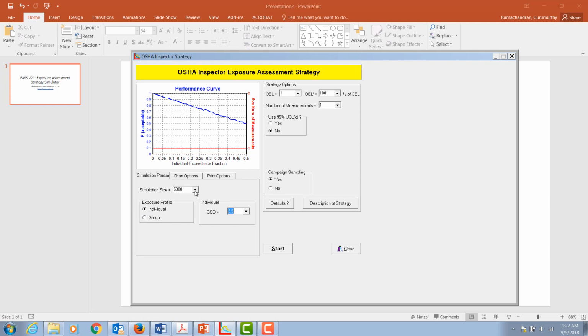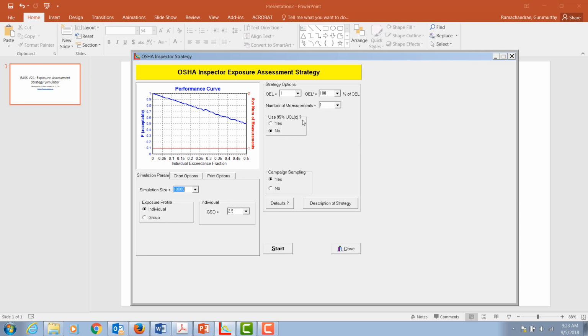And in the number of simulations, there is an option that goes from 5 all the way up to 10,000, and so let's just pick 10,000 because it doesn't cost us anything to have a very large simulation size. Most modern laptops can do these calculations very rapidly.